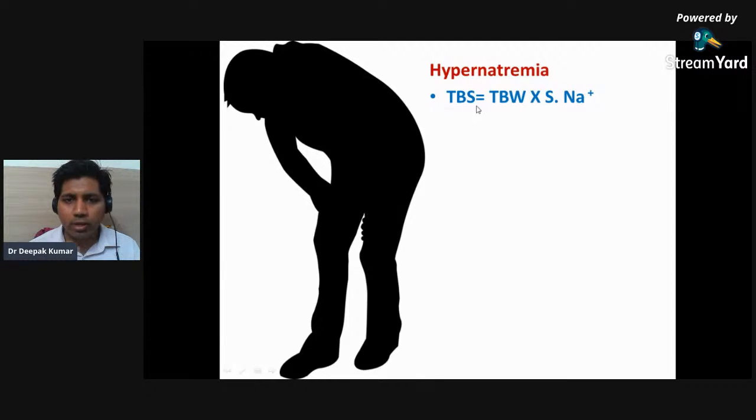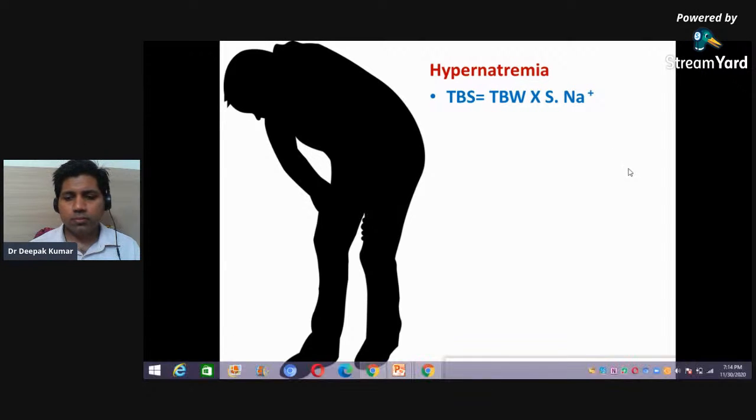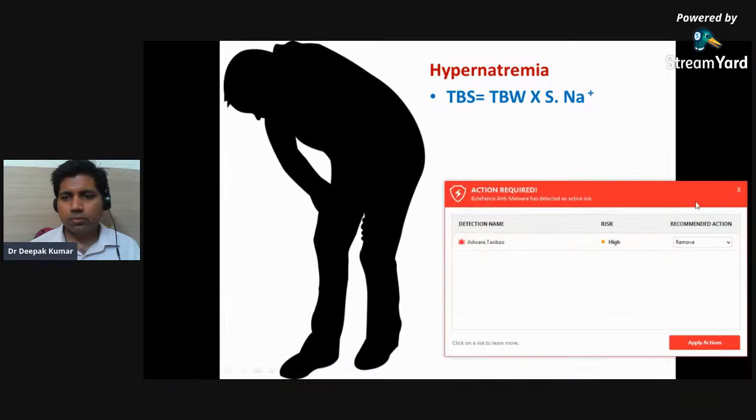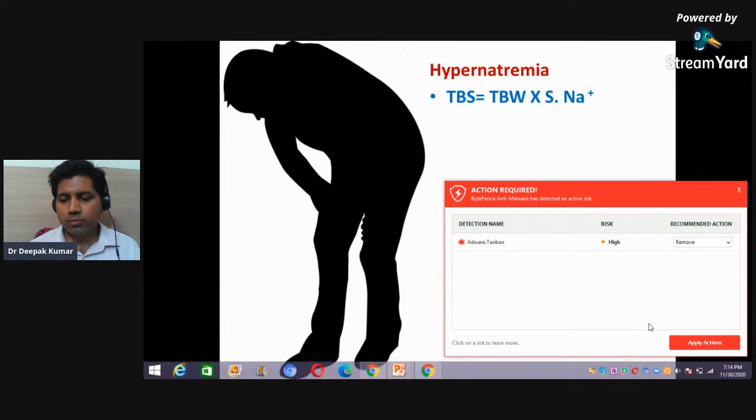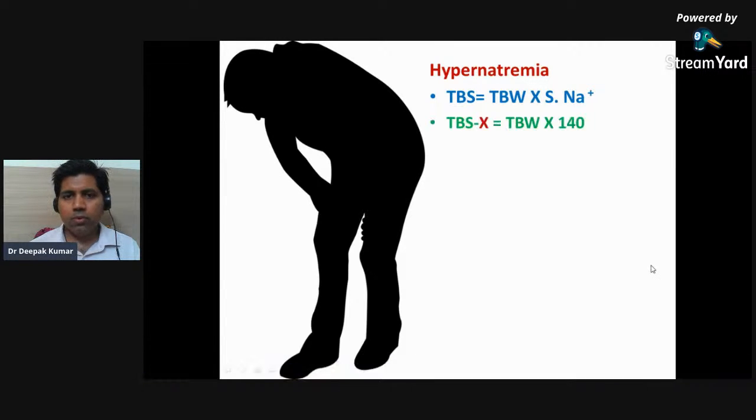So he has total body sodium which is on the higher side, and that will be given by total body water of that patient and the serum sodium concentration of that patient, which will be in the hypernatremic range, that is more than 145. Now, what would have happened to this patient when he was normal?